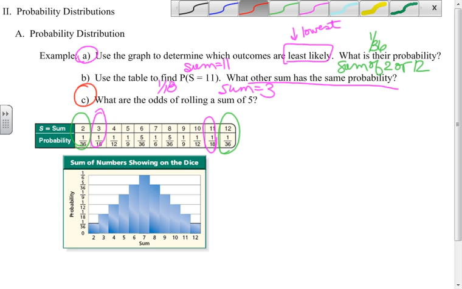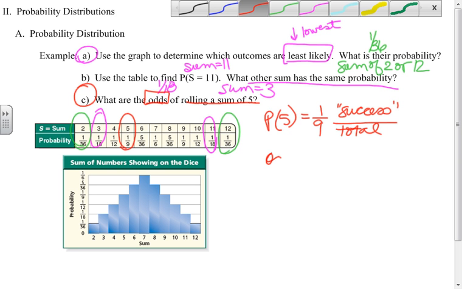Part C, what are the odds, notice we switched, of rolling a sum of 5? Well, here's my sum of 5, so the probability of sum of 5 is 1 over 9. So it is 1 success out of our total.